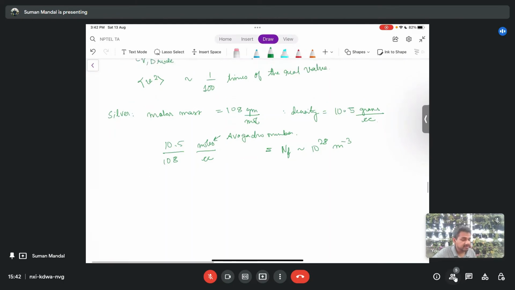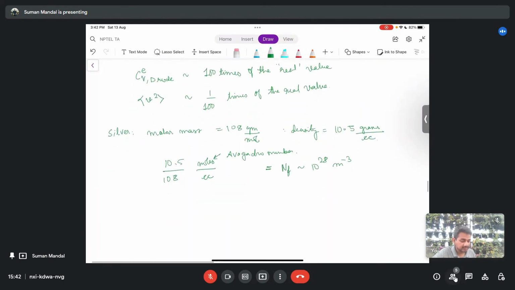The specific heat that was found out by Drude's theory was 3 by 2 into electron density per unit volume into kB, which is around 12.5 joule per mole per Kelvin.